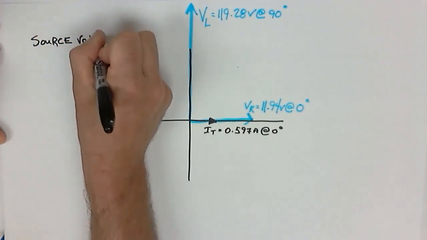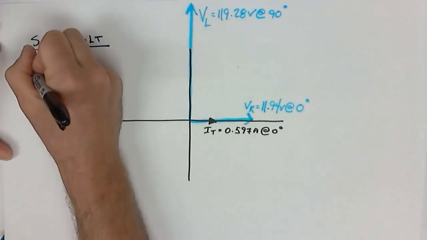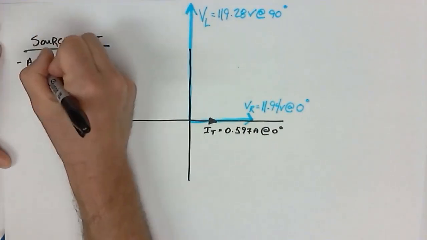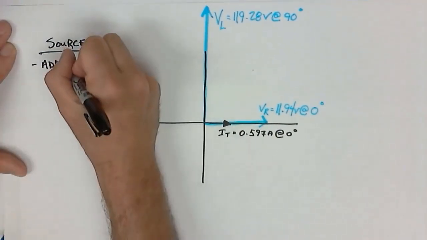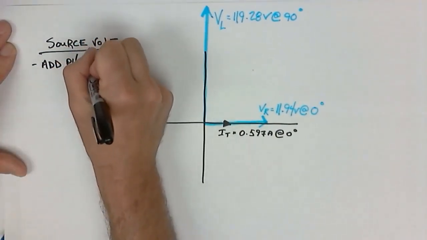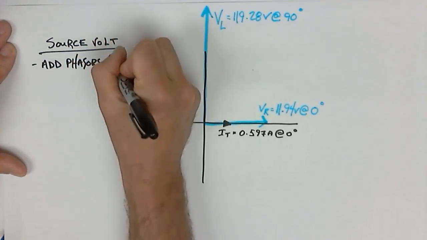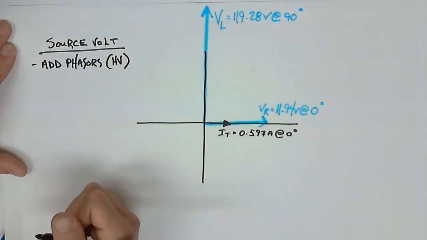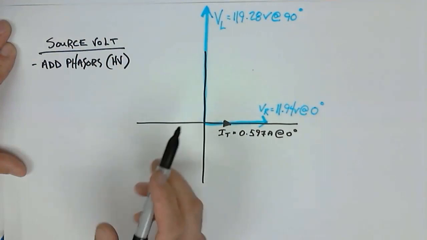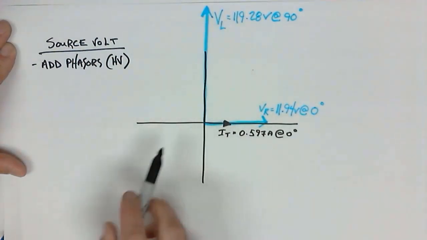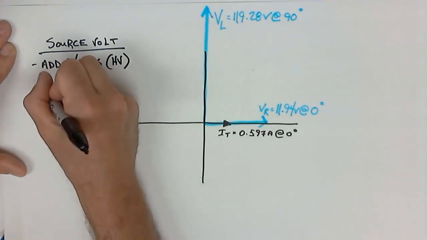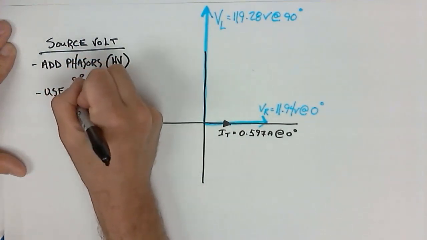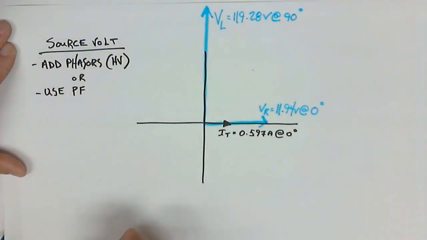So I'm going to say for source voltage, either add phasors, and that would be with an HV table or mode 3. So add the phasors together, right? Or use power factor.